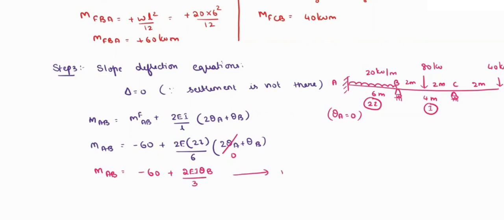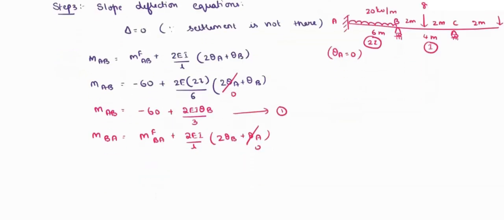So this is your equation 1. Now similarly, MBA will be equal to MFBA plus 2EI by L into 2 theta B plus theta A. Here theta A is 0.